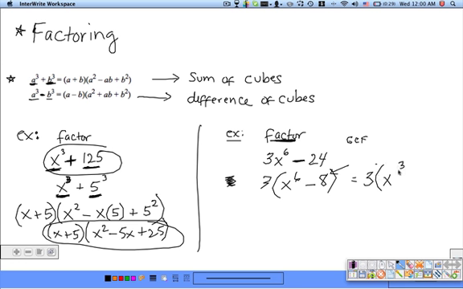All you have to do is say, okay, what makes it a cube? Well, x squared cubed is x to the 6. So you just have to check, is it a cube or not? So kind of play with it, see if it is. Minus, is 8 a cube? Well, yes, it is 2 to the third power. So what I have right now is a difference of cubes. All I need to know is what is my A and what is my B. So as you can see, here's my A cubed, here's my B cubed.